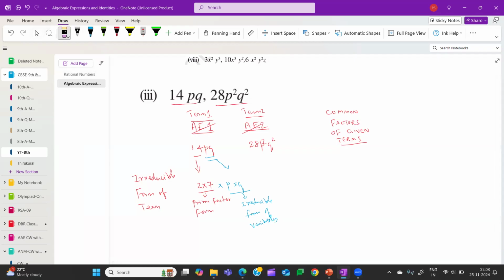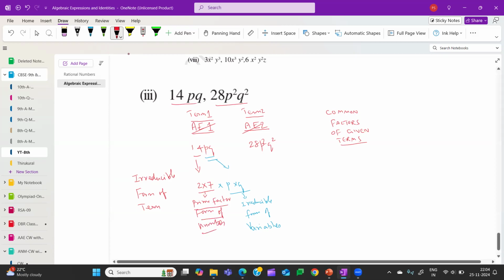What we have done now is the prime factor form of the number part, that is, 14 is written as 2 into 7, and the irreducible form of the variable part, which is p into q.